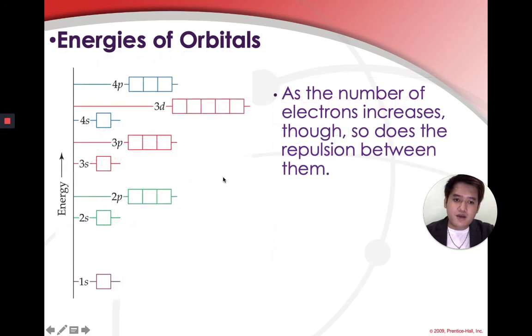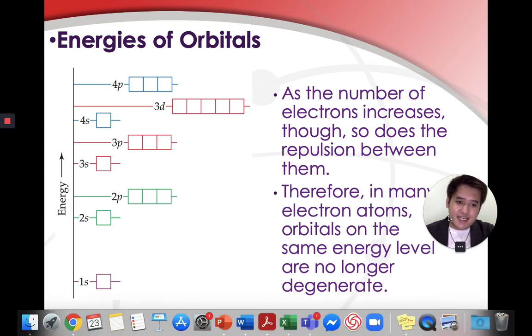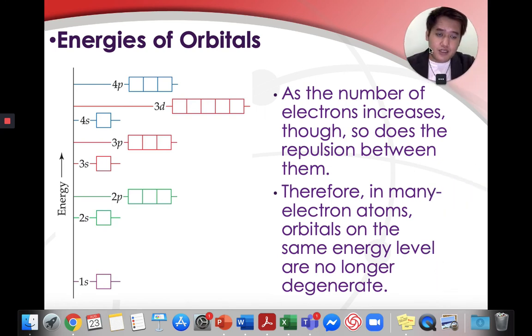Now, what about the multi-electron atoms? As the number of electrons increases, so does the repulsion between them. So there is repulsion among the electrons in the same energy level, such that in many-electron atoms, the same energy levels are no longer degenerate.